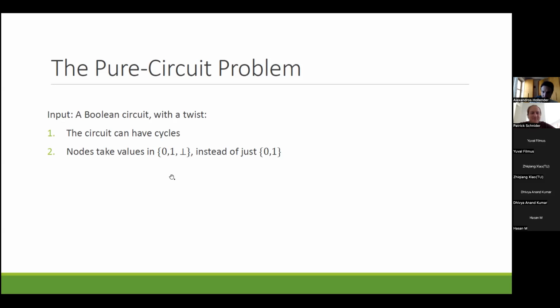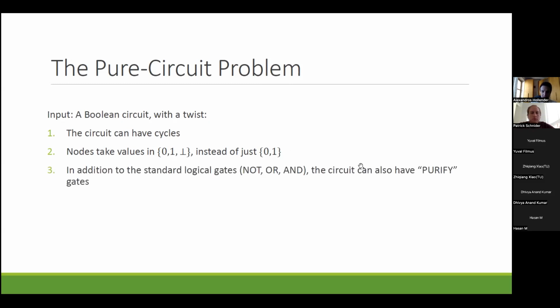Every node in the Boolean circuit is going to have a value that's 0, 1, or garbage. And the third twist is that in addition to the standard logical gates that you usually allow in a Boolean circuit, like the NOT gate, the OR gate, the AND gate, we'll also introduce a new type of gate, which we call the Purify Gate. We'll see how that is defined and why it is necessary.